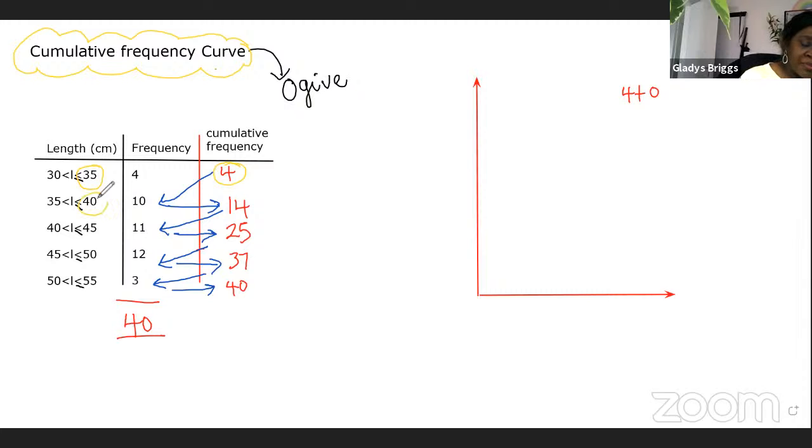Those are the ones you're going to be plotting. So whatever you do, make sure that you start from 30 and go all the way up to 55. And on the cumulative frequency part, it has to get up to 40. So up here, you got your cumulative frequency.